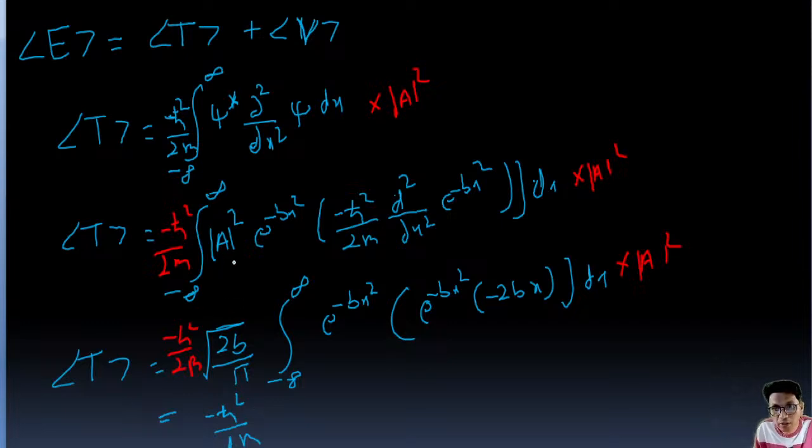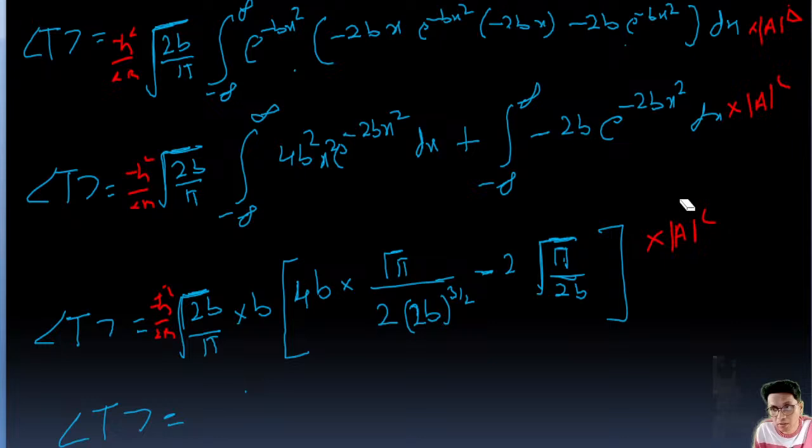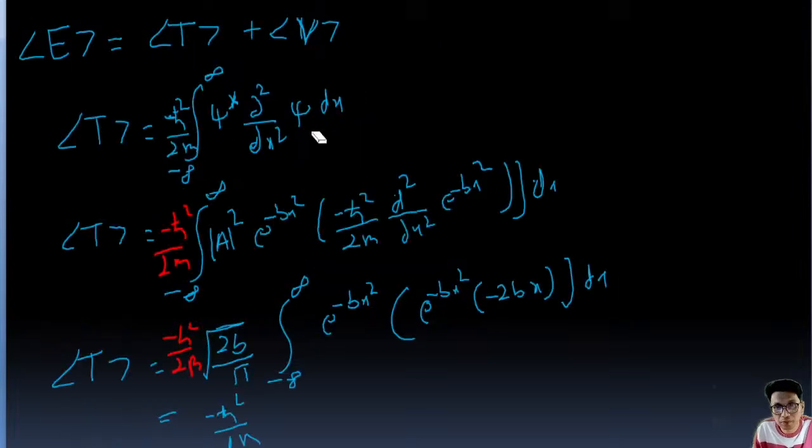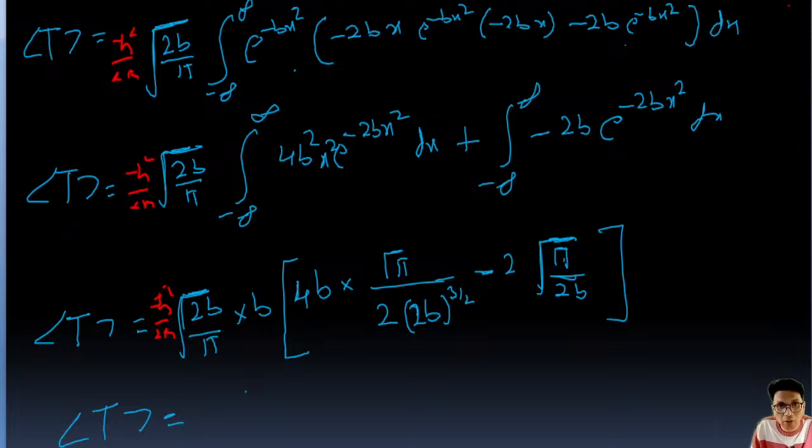Actually, guys, I have already put the value of a square here, so you do not need to write this one. This one is correct. So if we take pi b common, this will get cancelled, and this is going to be 4. I'll write it minus h cut square upon 2m.